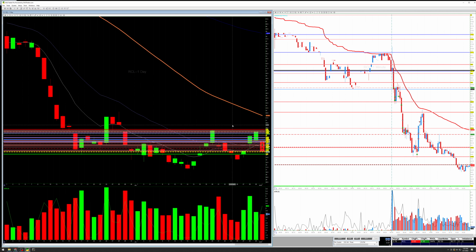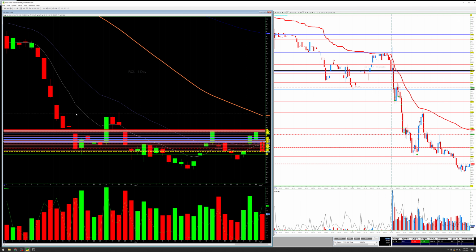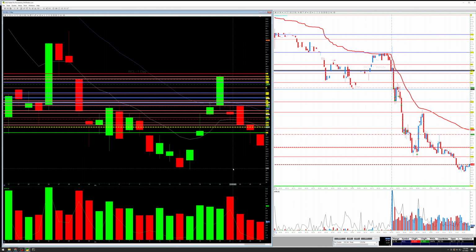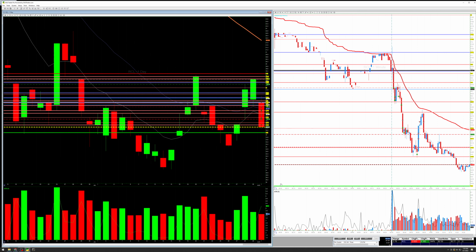So let's look at this 34.85 first. Where did I get 34.85? Let's look left. Zoom a bit. As you can see here, this is a low. Can you see that?